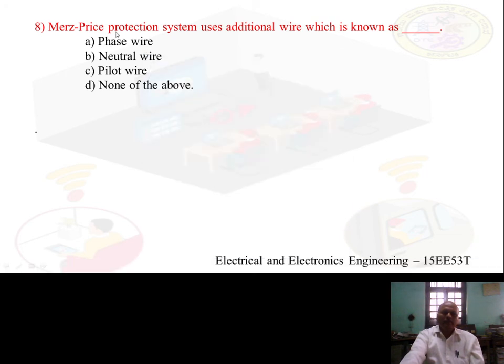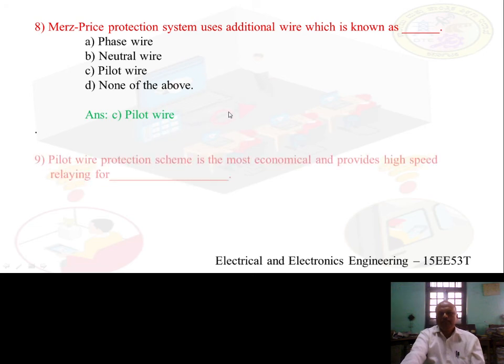In this protection, we use one additional wire apart from the 3 phase wires. That wire is nothing but a pilot wire. Therefore, your answer is C. Pilot wire. Question number 9.